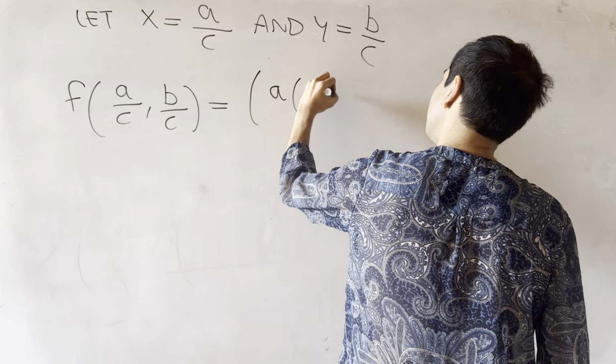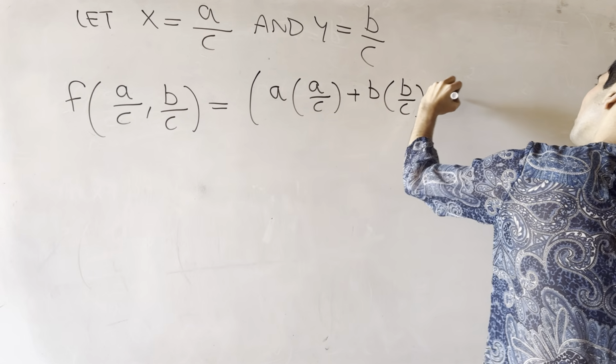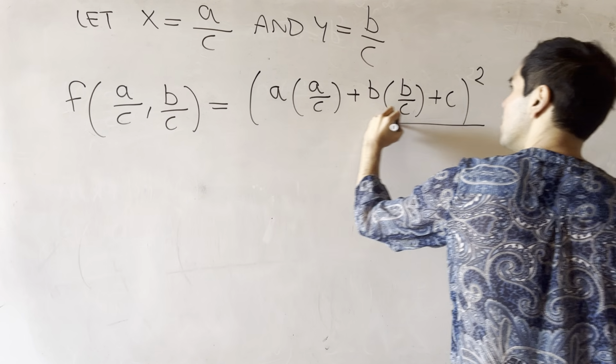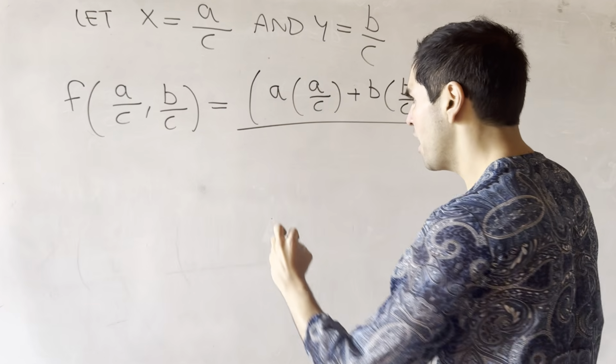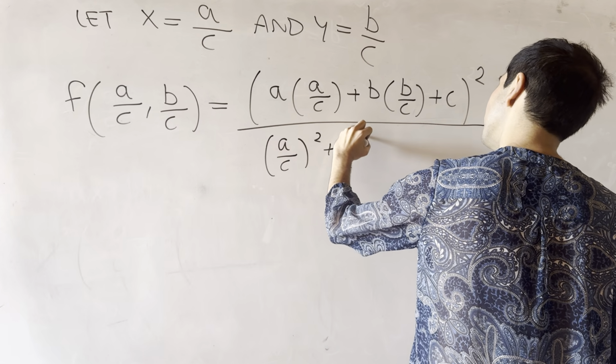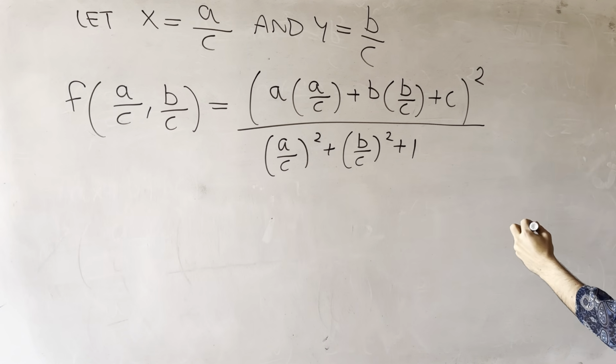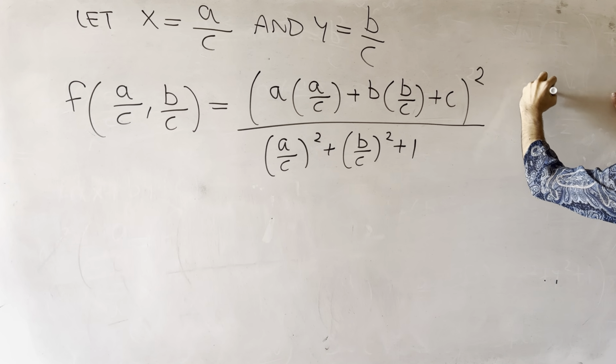(a times a/c plus b times b/c plus c)² over ((a/c)² + (b/c)² + 1). And then you can multiply both sides by c².